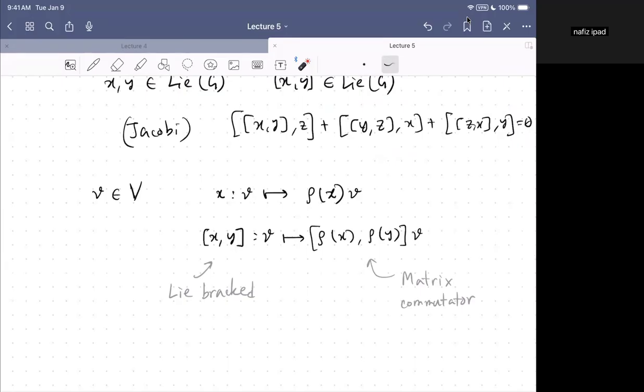The Lie algebra is the tangent space at the identity element of the Lie group. Now, the group product of the Lie group has to be associative, and this imposes a constraint on the Lie bracket of the Lie algebra.